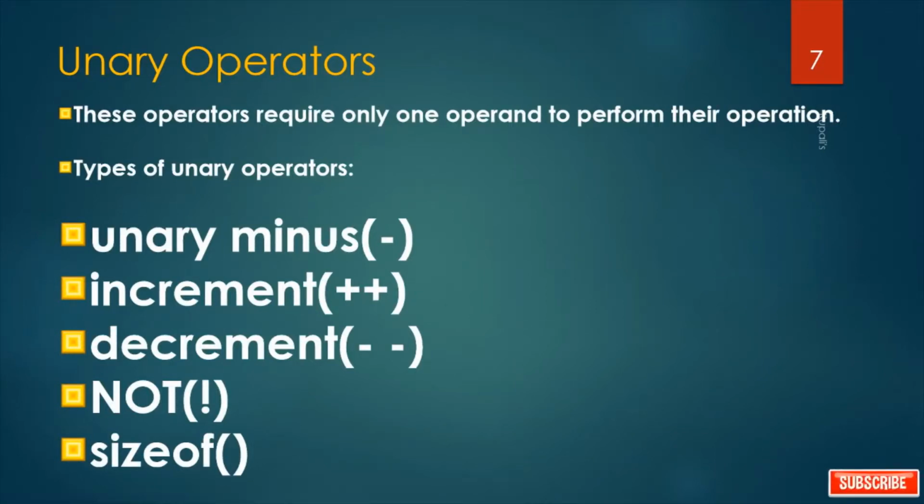Types of unary operators are unary minus, increment, decrement, not, and sizeof. So unary minus symbol is only one minus, then increment, plus plus, decrement, minus minus, then not, and sizeof operator.